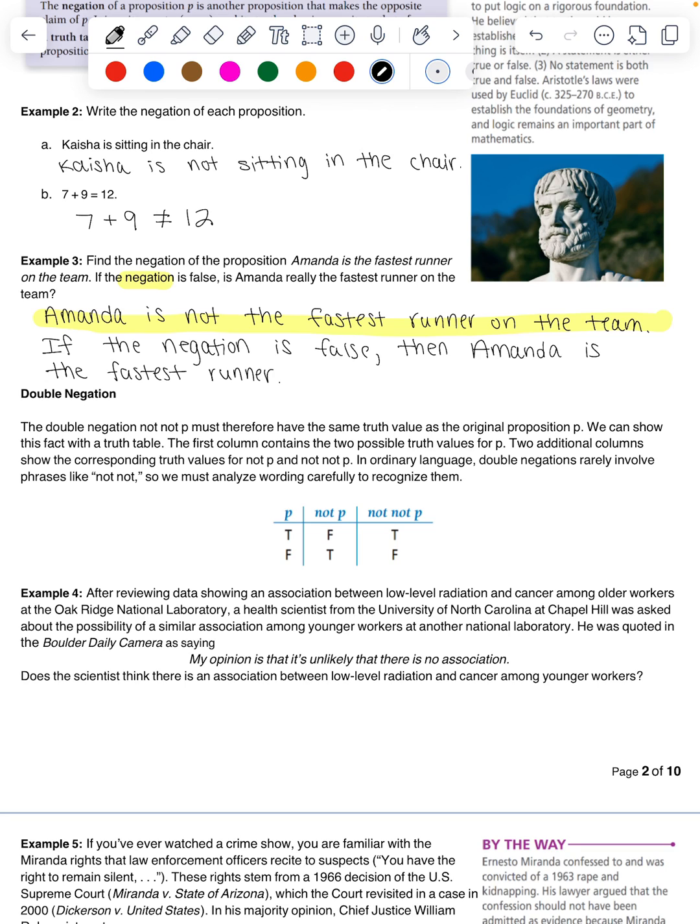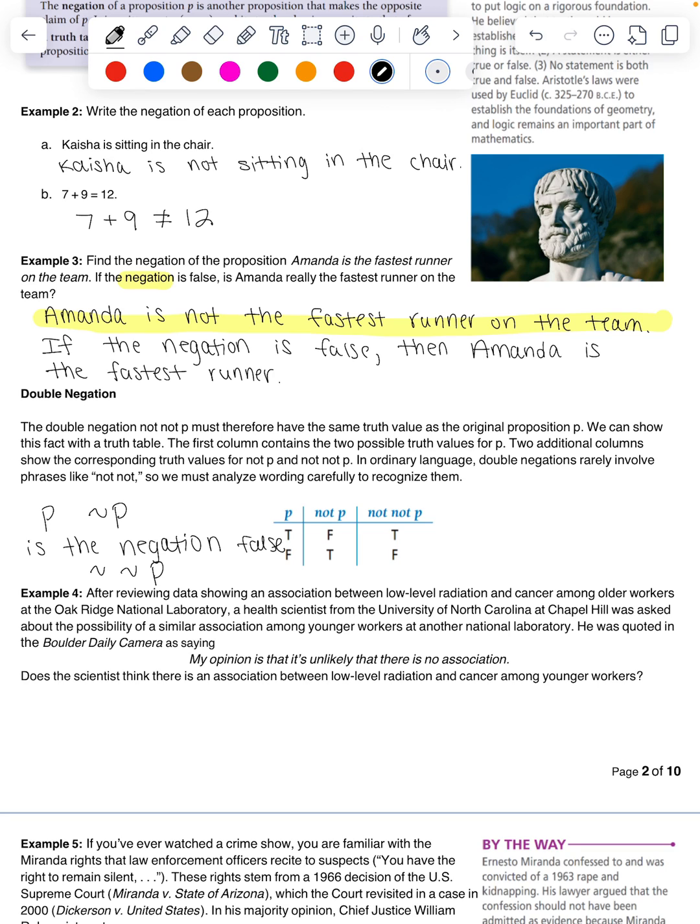Because our original statement was P. The negation is not P. So saying, is the negation false, well, having that negation false would be not not P. So that's where that's coming from.